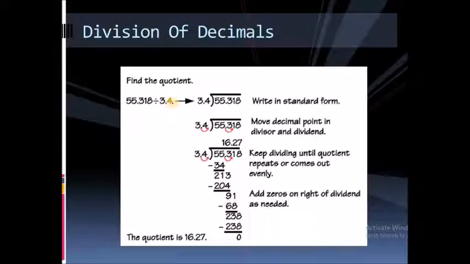Then it will come at the end of the number. So I have to shift the decimal point of the dividend also one time to the right. Okay. So my divisor will be 34 and my dividend will be 553.18. Now you have to divide.